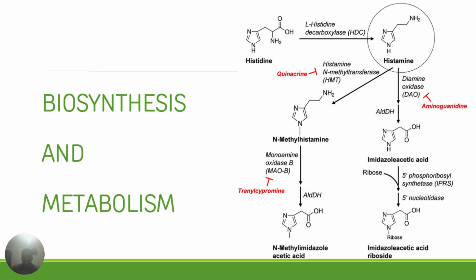Then the intermediate N-methylhistamine is converted by monoamine oxidase B enzyme into N-methyl imidazole acetic acid. So this is the brief overview of how histamine is produced and how it's broken down in our bodies.